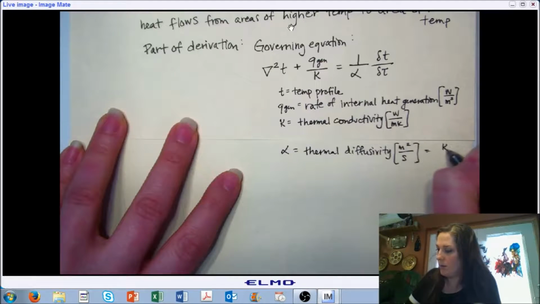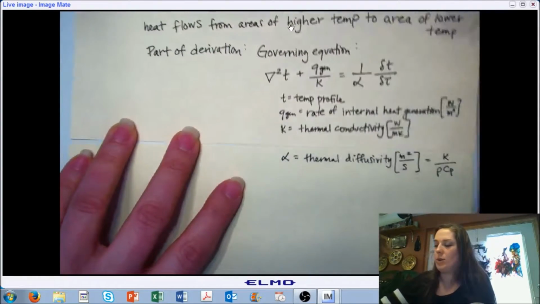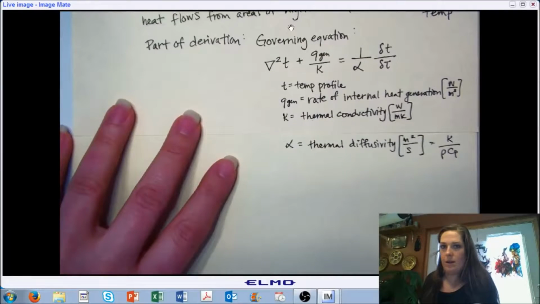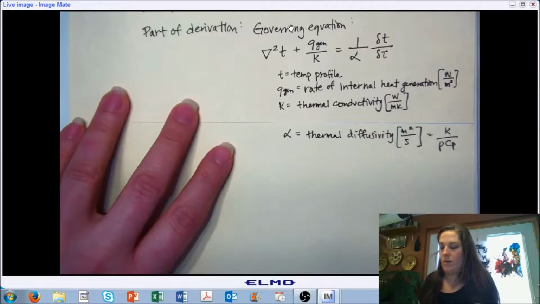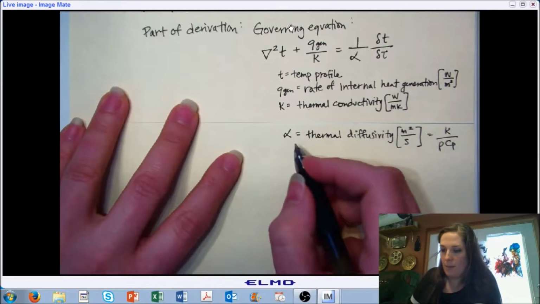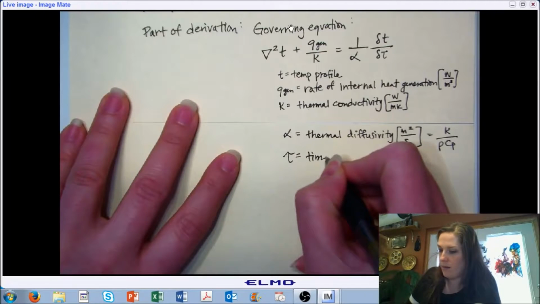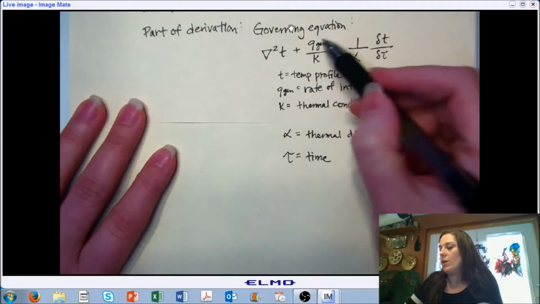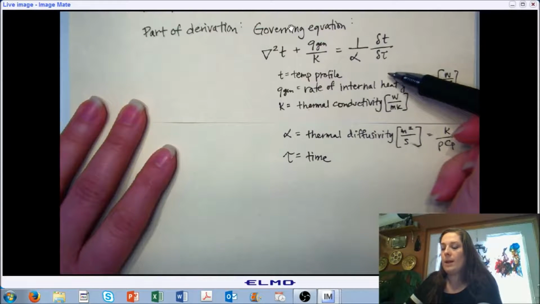It's determined by the thermal conductivity and the density and C sub P. And then tau is time. So this is our overall governing equation for understanding conduction heat transfer.